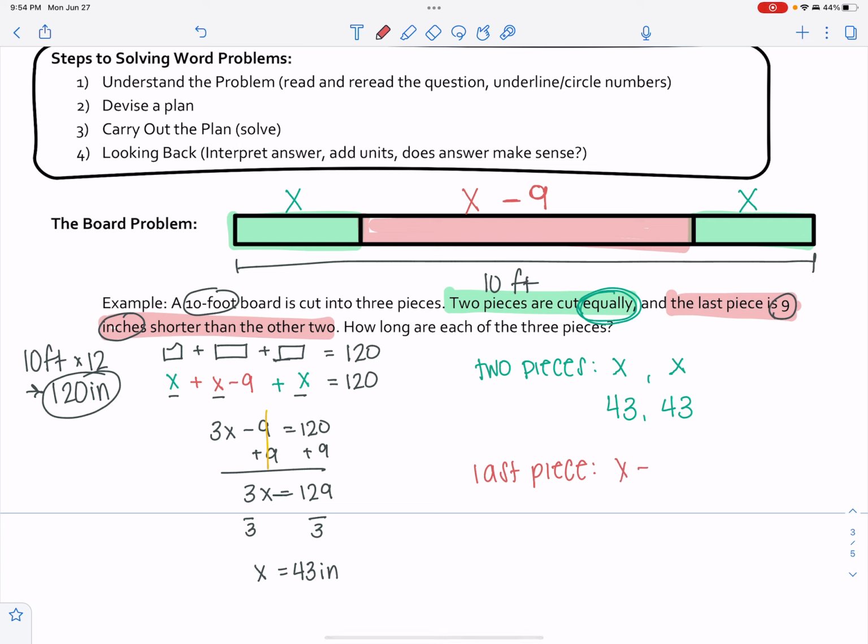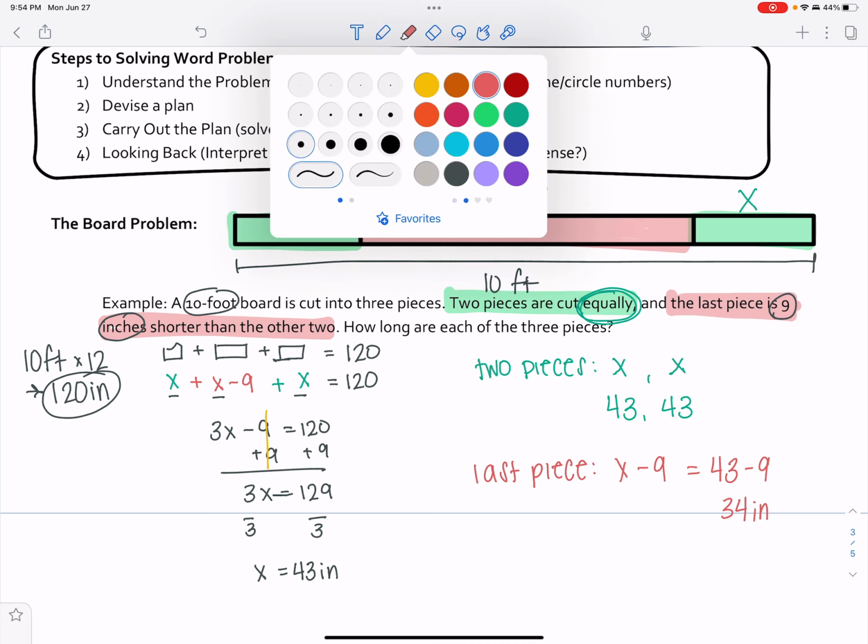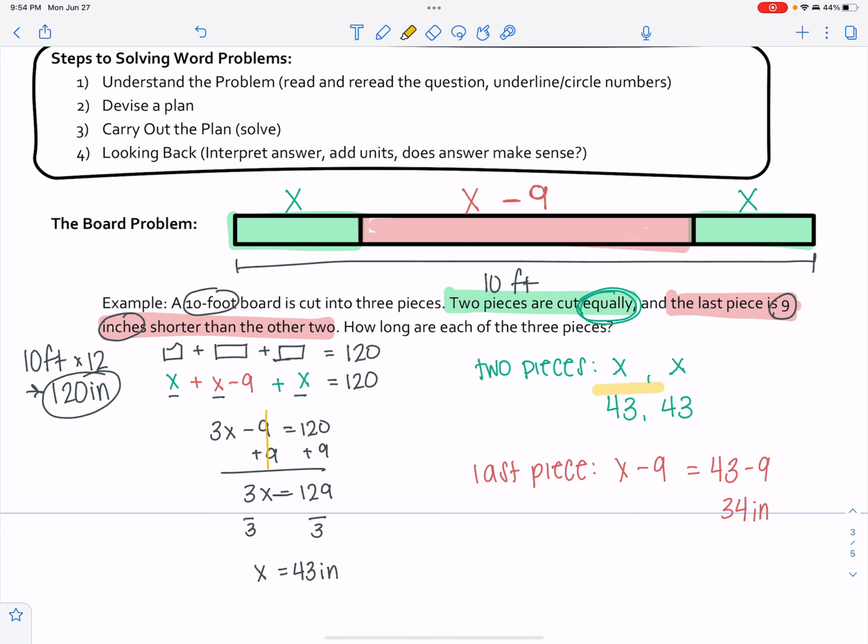And so I've got x minus 9, but I now know x is 43. So 43 minus 9 is going to give me 34 inches. And so my final answer will be 43, 43, and 34. And if you add all those up, you better get back to 120 or 10 feet.